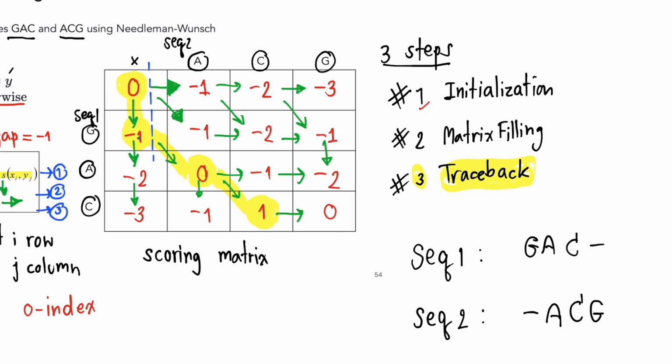And if the line is perpendicular to which sequence, so here the dashed line is perpendicular to sequence 2, it means that we have to add a gap on that sequence. Okay, this is the first example of using the Needleman-Wunsch algorithm to find the optimal sequence alignment.